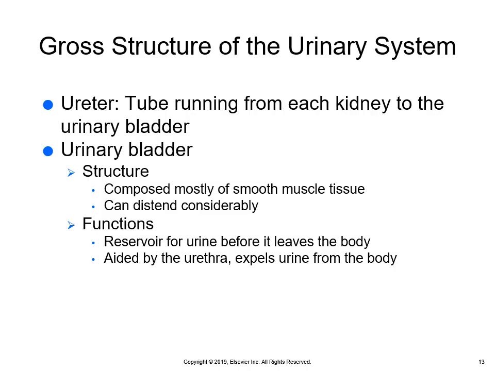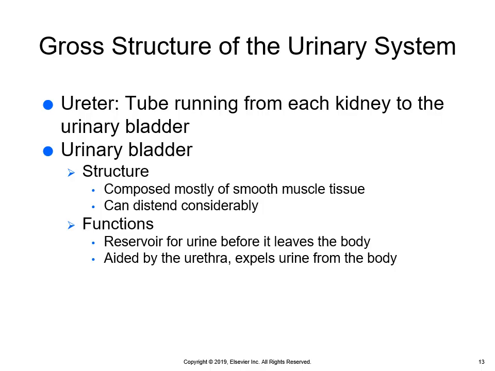All right, the inner lining of the bladder is made up of a special type of tissue called urothelium, and urothelium can stretch without breaking. It also has folds called rugae, like the same folds that are in our stomach, that allow it to expand when it's filling.